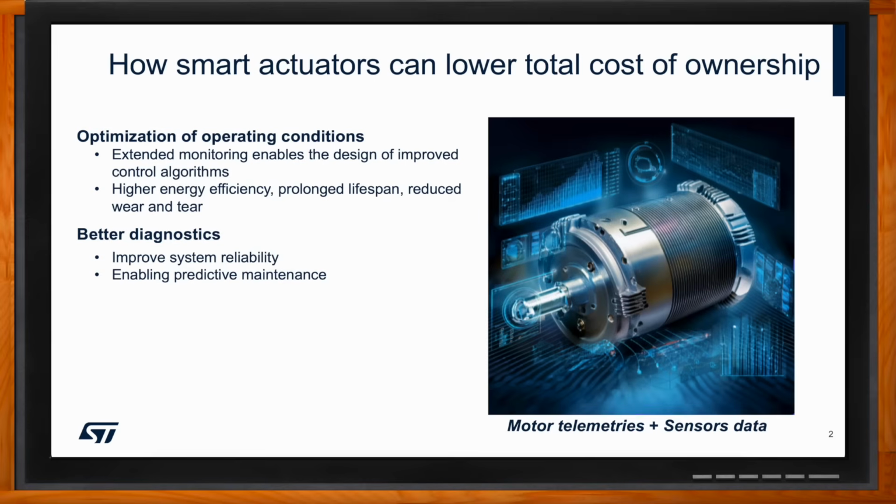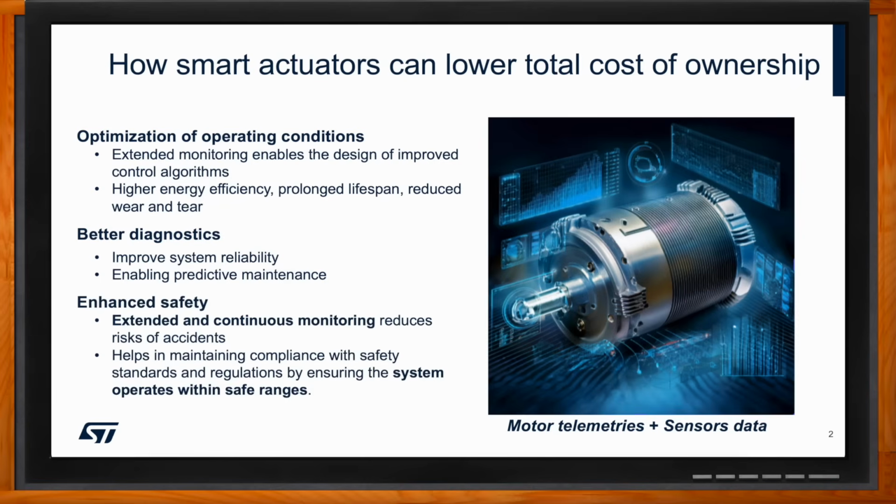In another case, for example, the system may even adapt to altered working conditions in order to avoid the production line stop. Finally, you may consider also safety aspects because less failure and better maintenance also reduce the risks, making the system safer and simplifying in general compliance with standards and regulations.